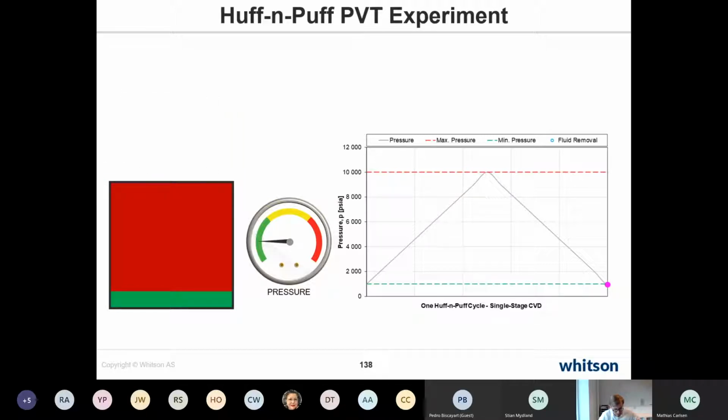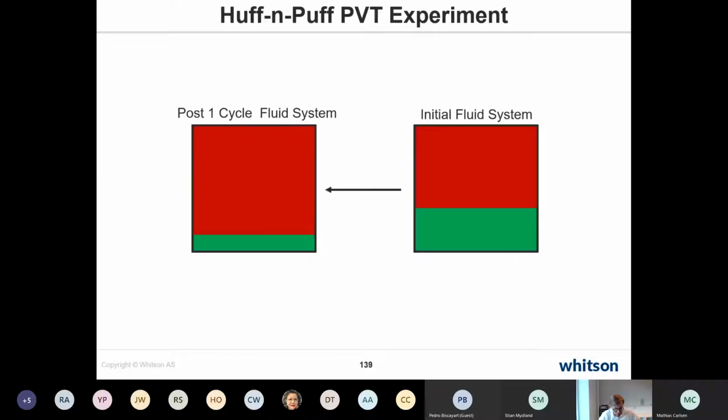And with that, we have an experiment that can actually quantify recovery of these components right here, or the components here, C6 plus components in general, or C5, doesn't really matter. So the components that, at least on surface, translates into stock tank oil that we sell and use in our cars for gasoline and diesel and jet fuel and whatnot.